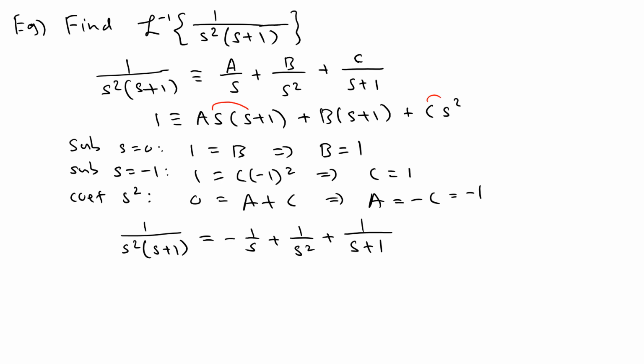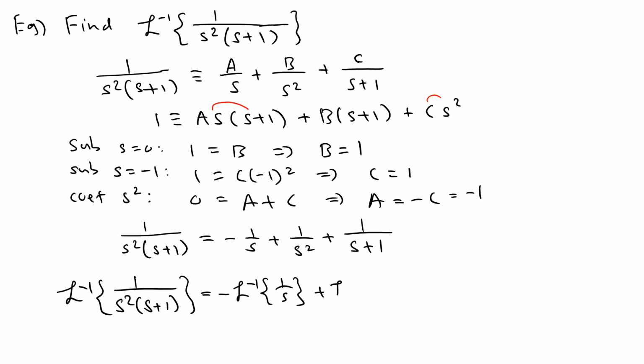So now we're going to find the inverse. That means L inverse, and we're going to go term by term. So this equals negative L inverse of 1 over s. I'm writing all of them just to recall what we did, at least for one example like that.